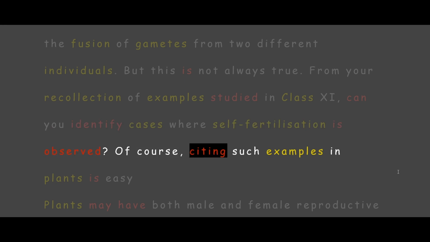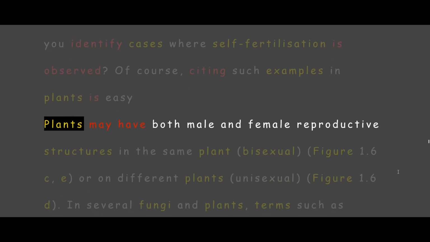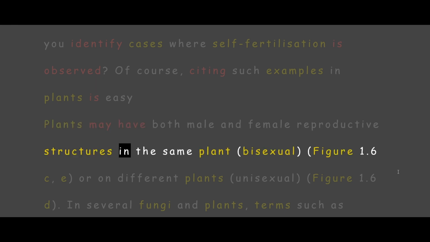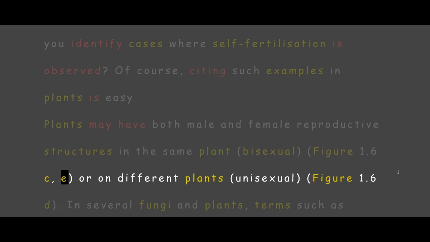Of course, citing such examples in plants is easy. Plants may have both male and female reproductive structures in the same plant, bisexual, figure 1.6c, e, or on different plants, unisexual, figure 1.6d.